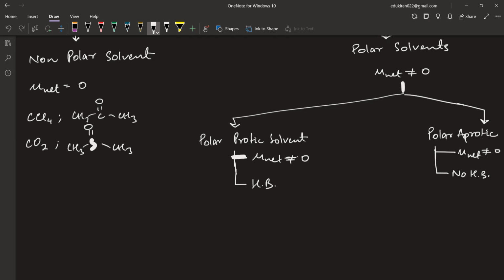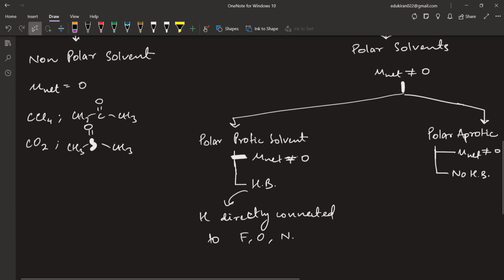So what is hydrogen bonding? Hydrogen bonding means hydrogen directly connected to fluorine, oxygen, or nitrogen. Okay, write this down.